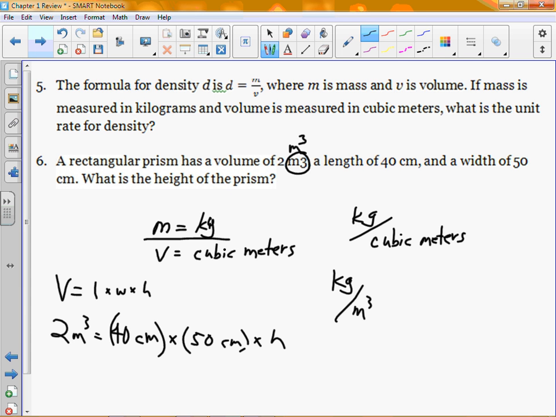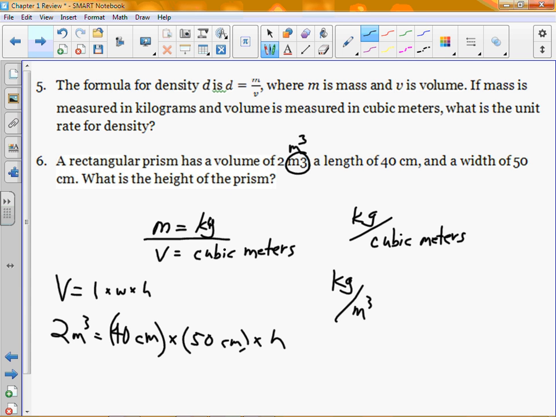Does anybody see our first issue? They're all different, because we got to get these all to the same thing. If this is 200 cubic meters, that's different than centimeters.